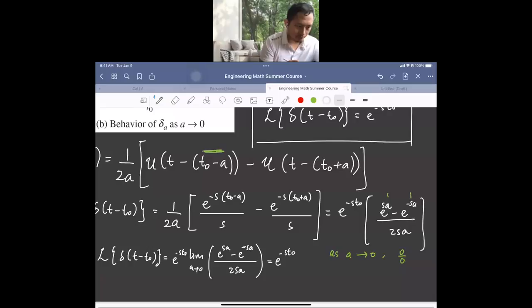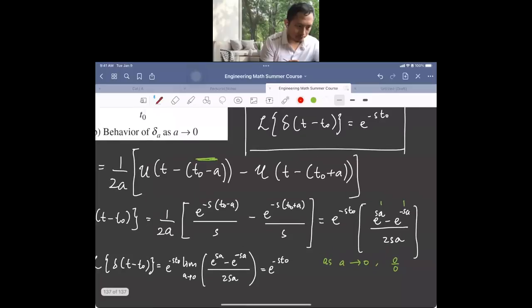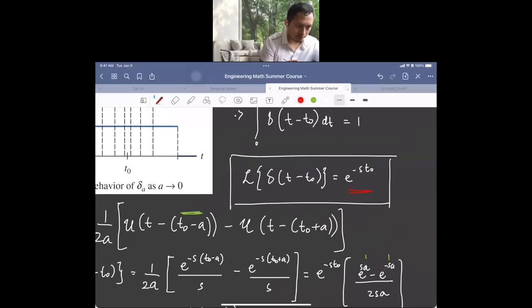So this will be equal to e to the negative s t0. From here we can conclude that this is going to be our transformation.